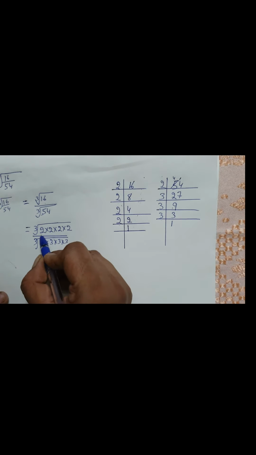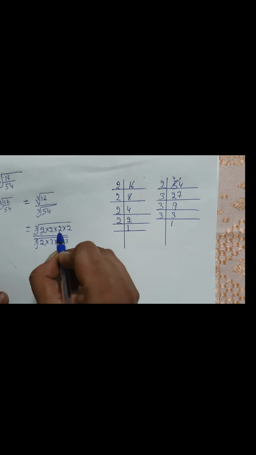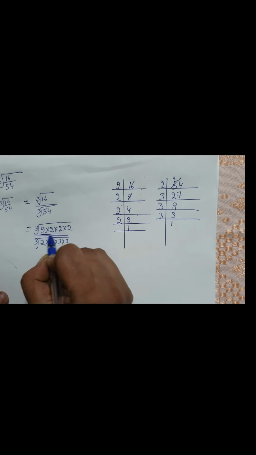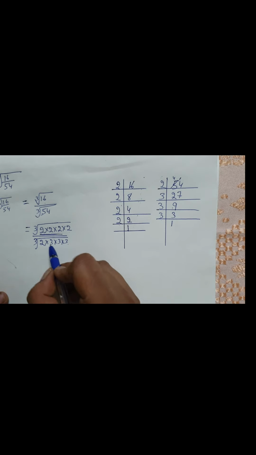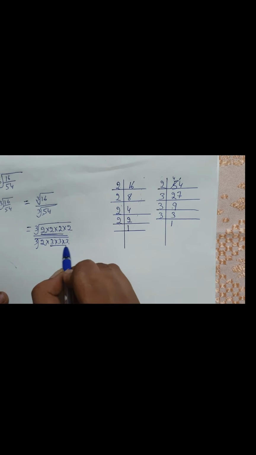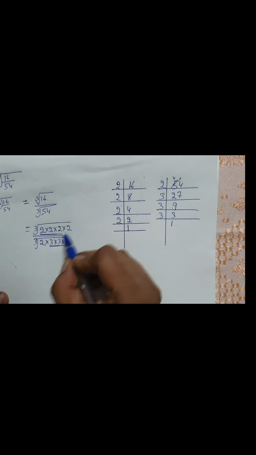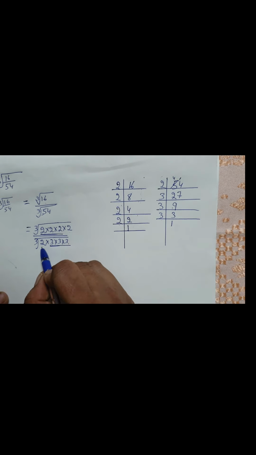Now we have to make them into groups. This is one group, 2 2 2, the same number, and we got here 2 remaining, and here one group, 3 3 3. So children, you all saw this 2 remained here and this 2 remained here.